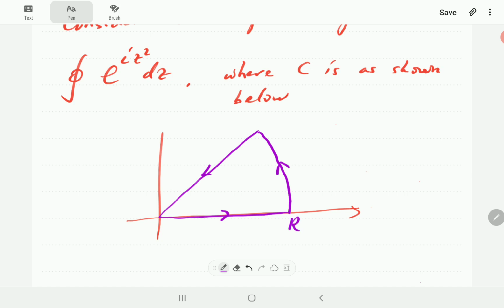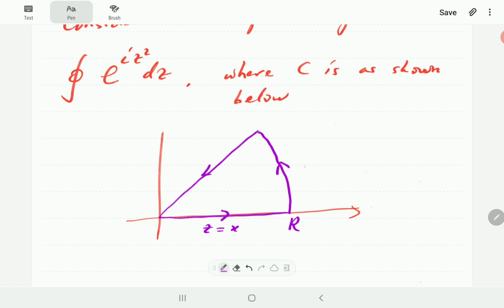If this is R here, then along this horizontal side of the contour, we are going to have z equal to x.